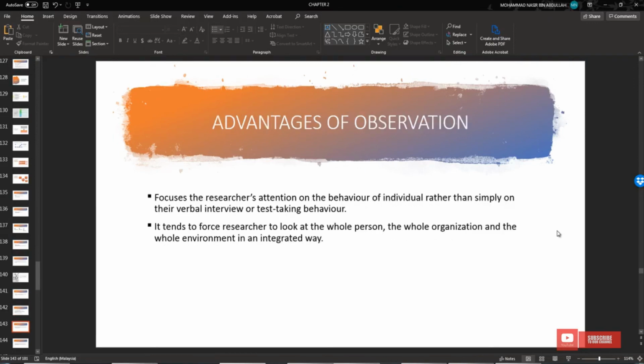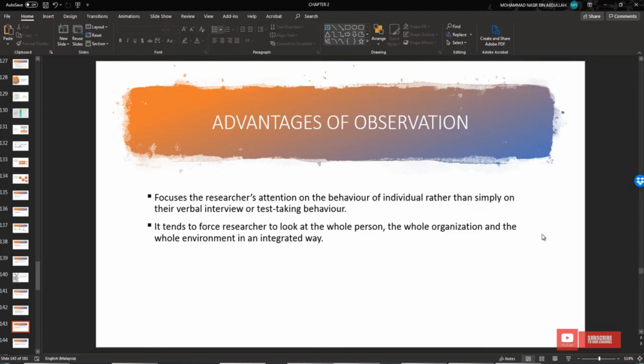The advantage of observation is that it focuses the researcher's attention on the behavior of individuals rather than simply on their verbal interview or test-taking behavior. It tends to force the researcher to look at the whole person, whole organization, and whole environment in an integrated way.